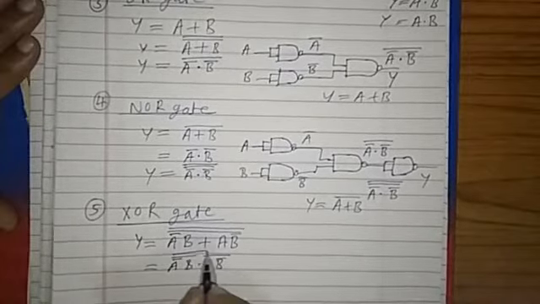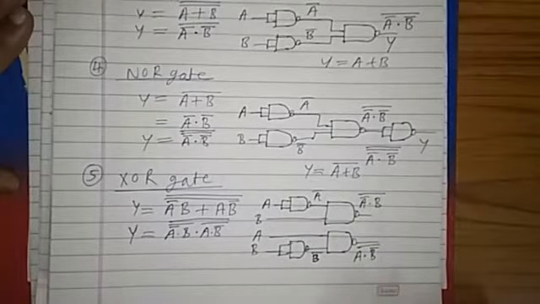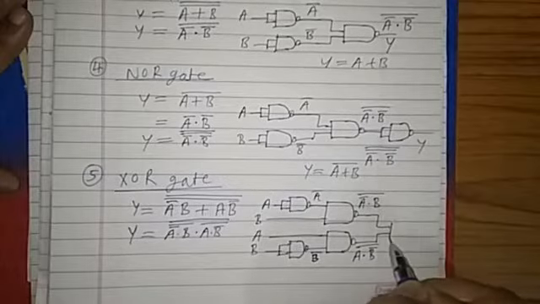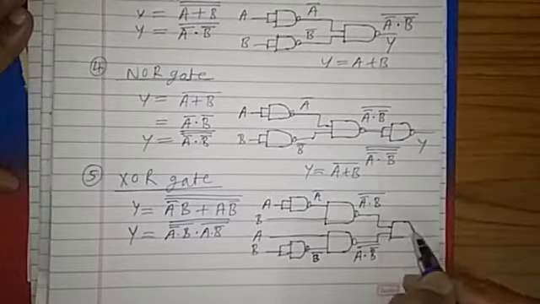This is B bar, this is A, and then a NAND gate. This is A dot B bar whole bar. And both are connected to one NAND gate, as both the inputs.